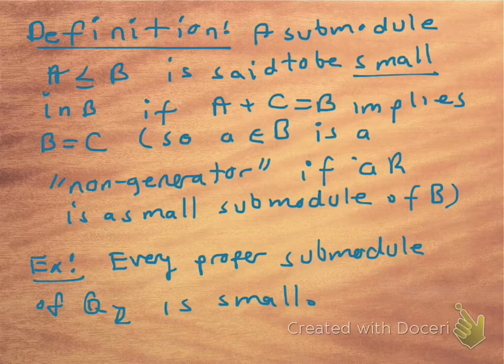Right here in this sentence, we say A is a non-generator if and only if AR is a small submodule of B. It's actually if and only if, which we will prove in the module case.